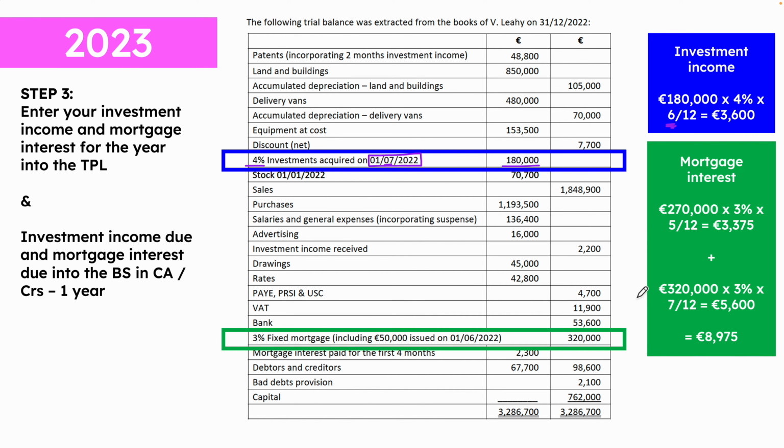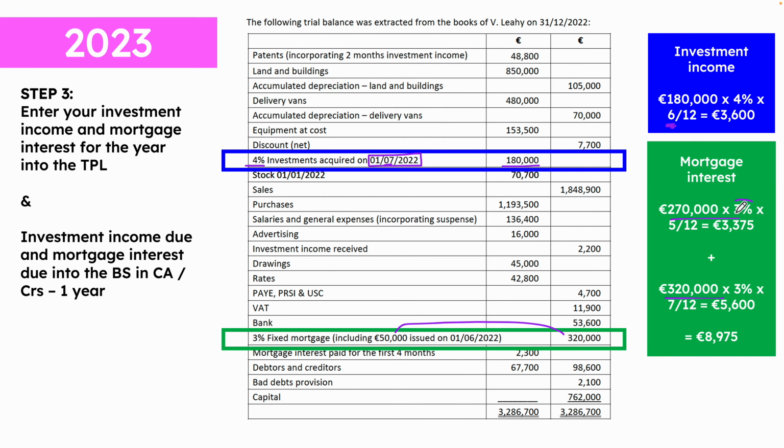With regards to the mortgage then, I talked to you about this already, but we have a 3% fixed mortgage, including 50,000 issued on the 1st of the 6th, 2022. So for the first 5 months of the year, they had 320 minus 50, which is 270. And then after that, they got the top up of 50, bringing it up to 320.